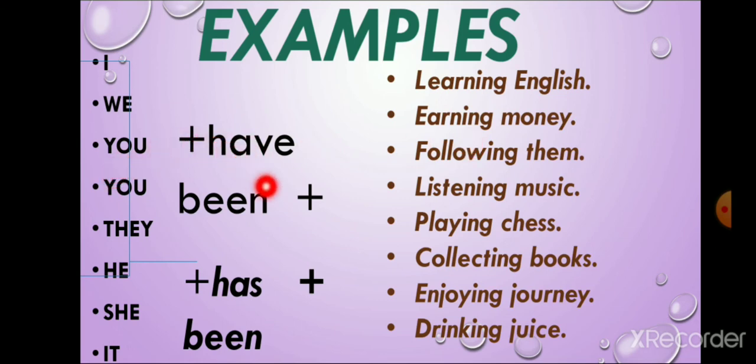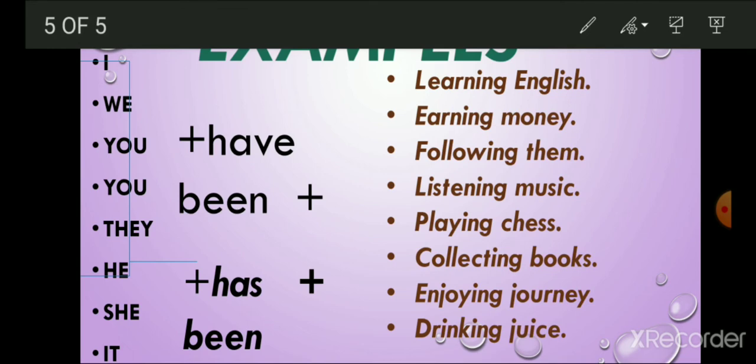You have been following them. You have been listening music. They have been playing chess. He has been collecting books. She has been enjoying journey. It has been drinking juice.